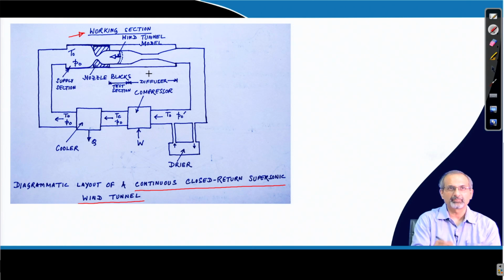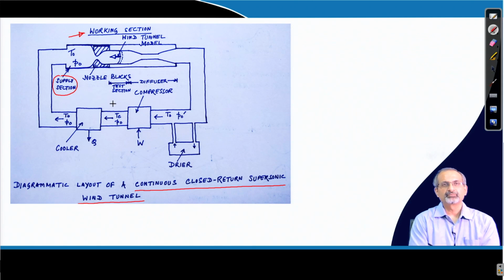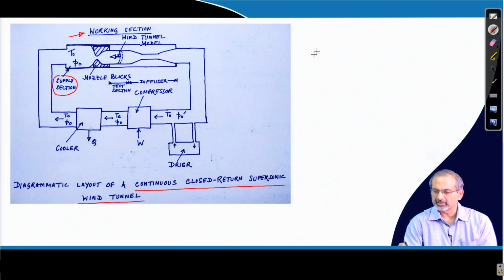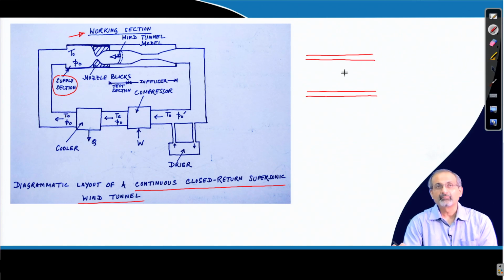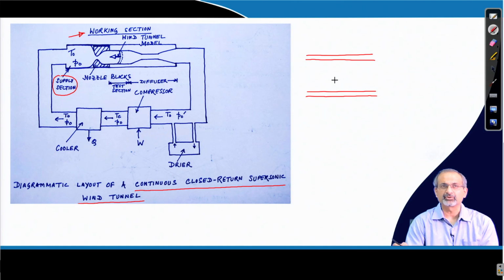You have supply of high pressure gas coming from this end. Let us say the stagnation temperatures and pressures are indicated as T naught and P naught. The flow moves through the nozzle blocks which form the CD nozzle. So, one thing that we need to note is that supersonic tunnels are built of metal, unlike many of the subsonic tunnels which are built of wood or softer materials.